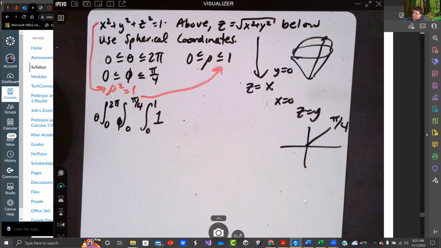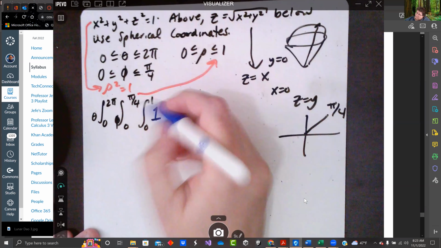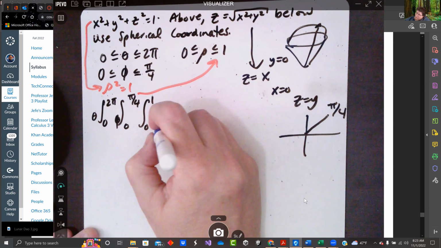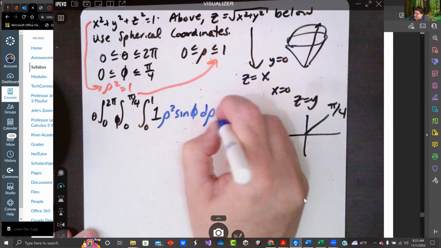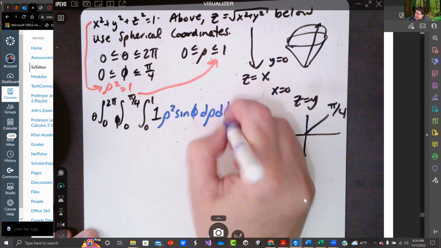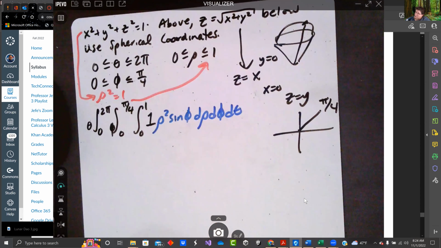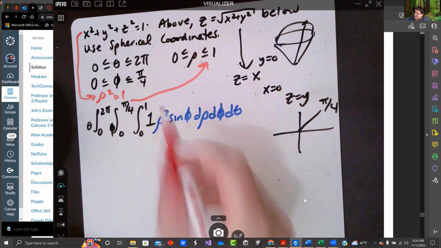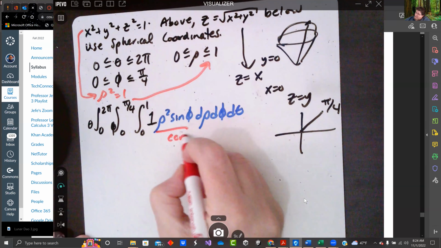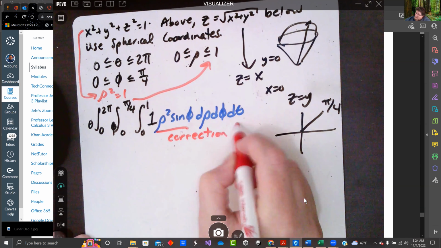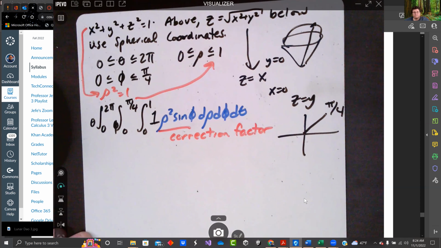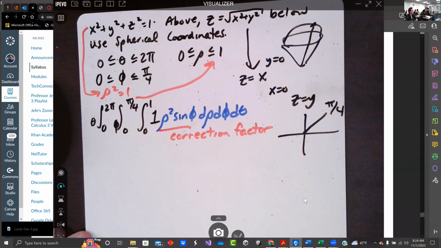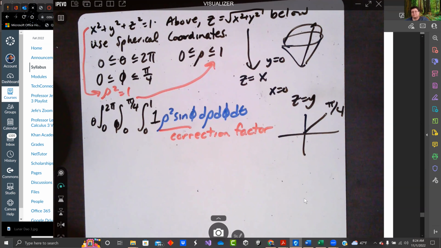But now, for the rest of our integration, we need a rho squared sine phi d rho d phi d theta, where rho squared sine phi is the correction factor. So that's like your R for cylindrical, but for spherical. Yeah, exactly. It's like our R in the cylindrical.